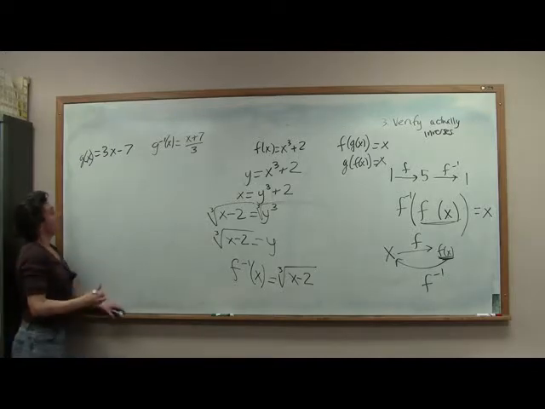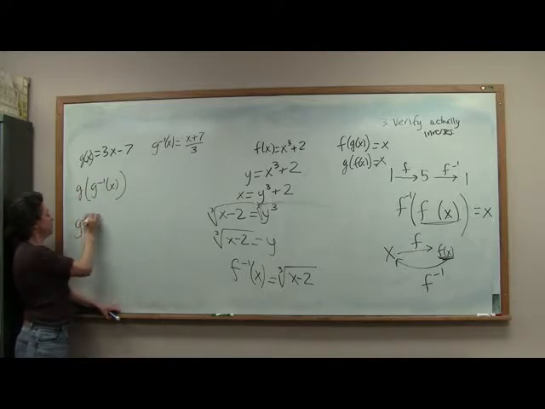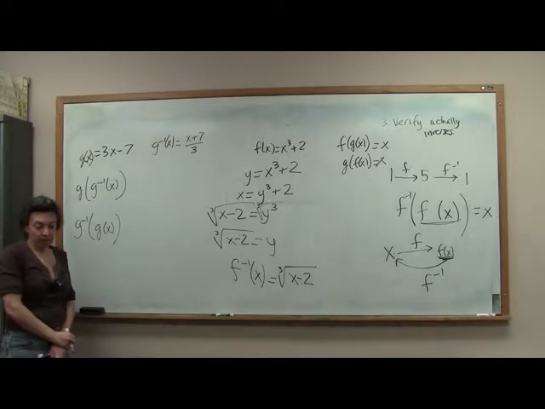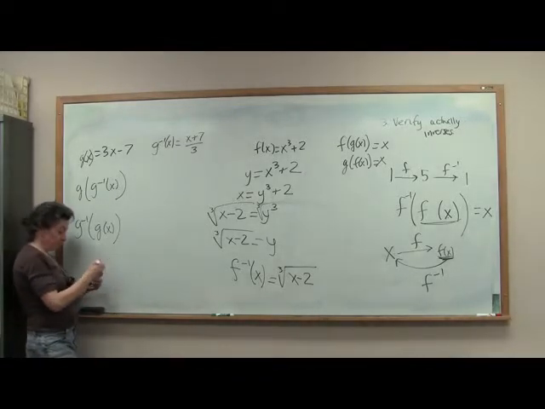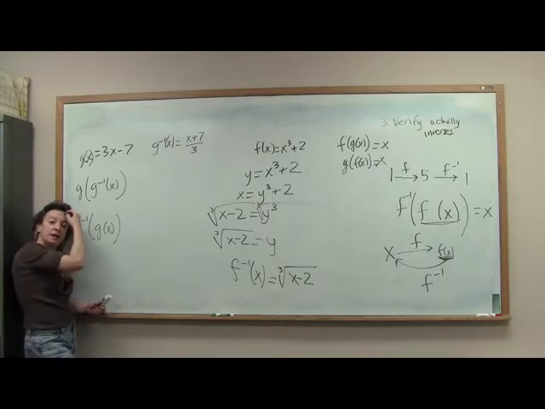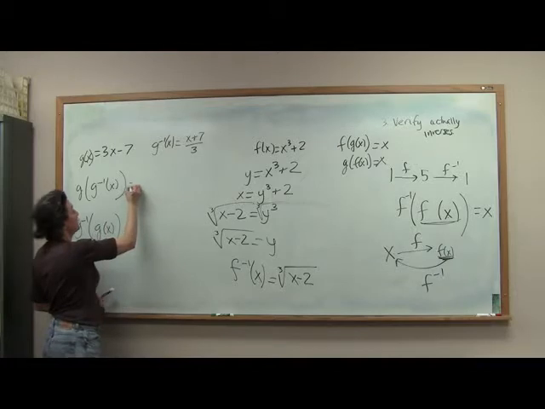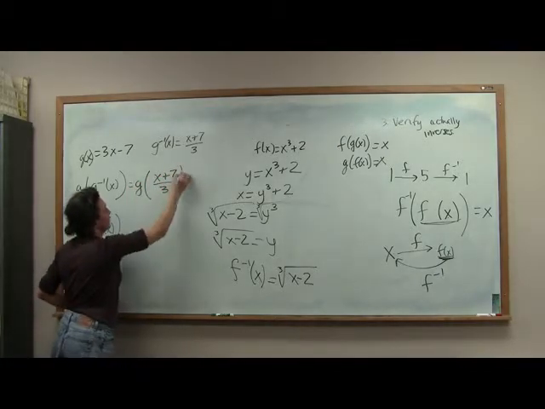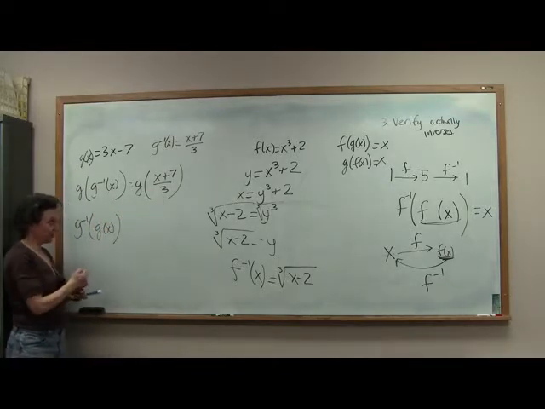Well, we need to compute g of g inverse of x, and we need to compute g inverse of g of x. All right. Well, how are we going to do this? This is just reinforcing our composition of functions. Right here, what we do is we say, well, g inverse, you plug in your entire function, is x plus 7 over 3. You just plug in whatever that inverse function is.